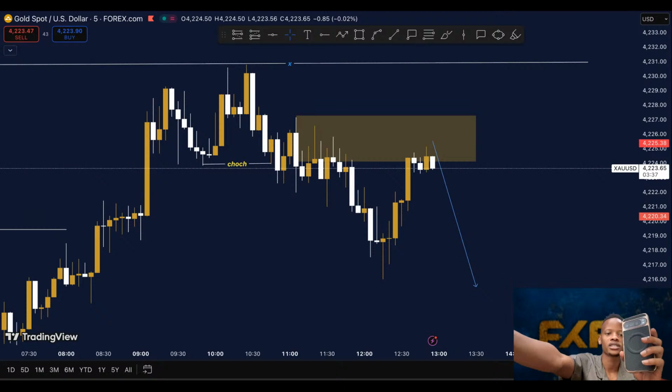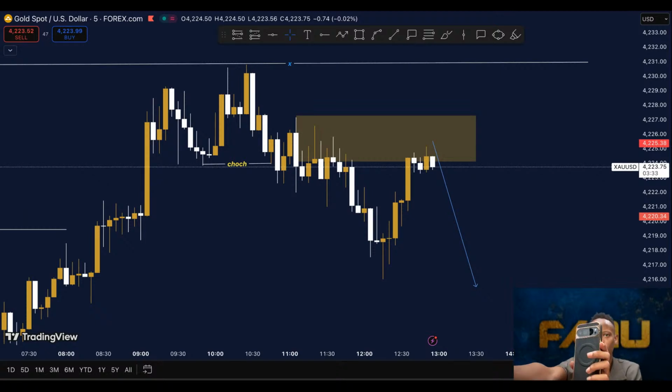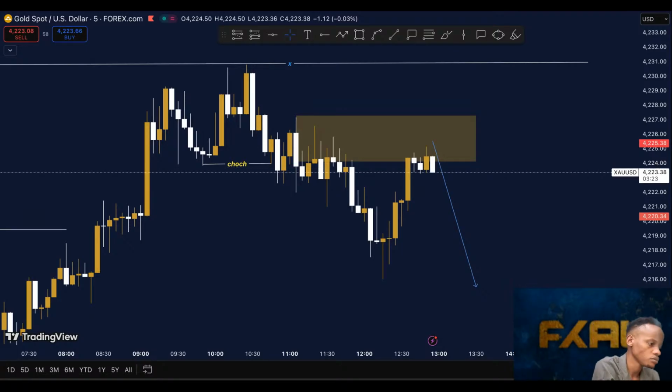So once I get the confirmation for sales, I'm going to sell up to this zone. This is the M30 H1 zone. It's a very strong demand zone, and that's where we're going to buy from.